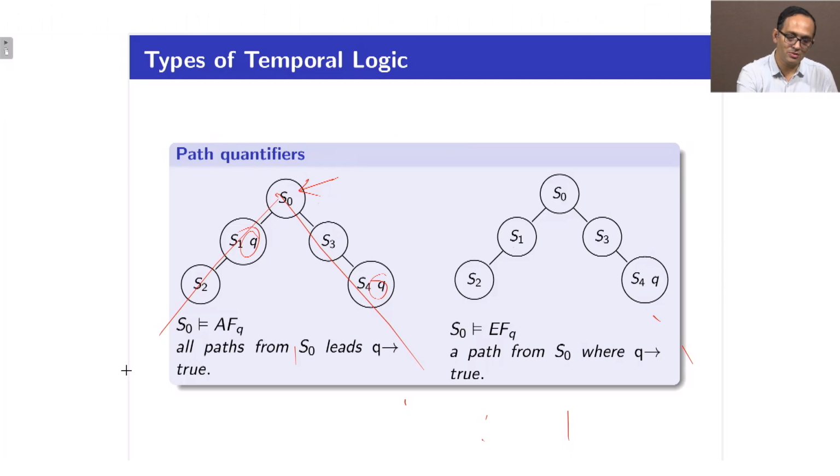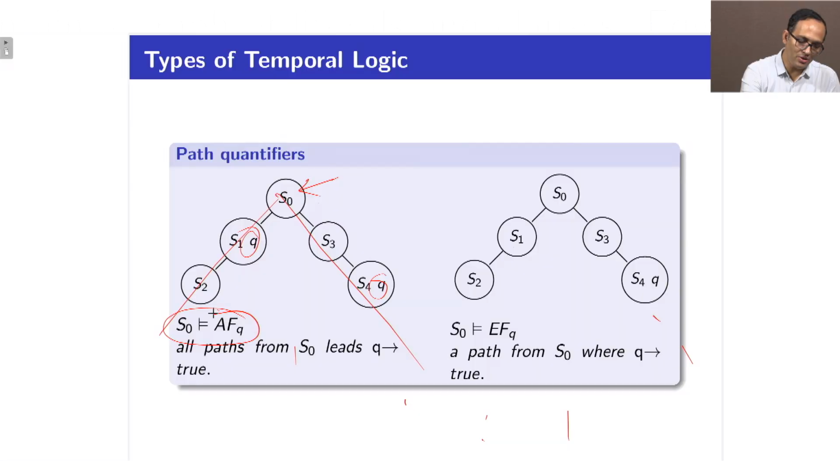In this path also Q holds in future, in this path also Q holds in future. So, I can write S0 satisfies A F Q, that means in all paths in future Q holds, right. So, the interpretation of F remains the same, that in future something holds, whether it is happening for all paths or some path is given by A or E.